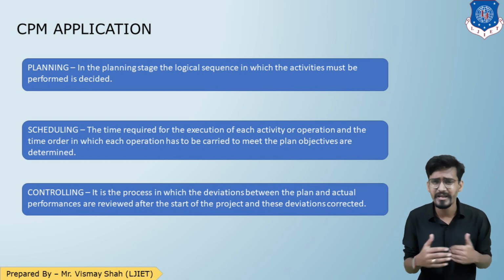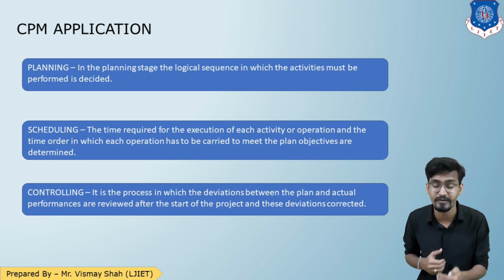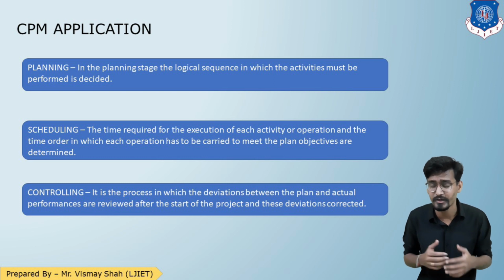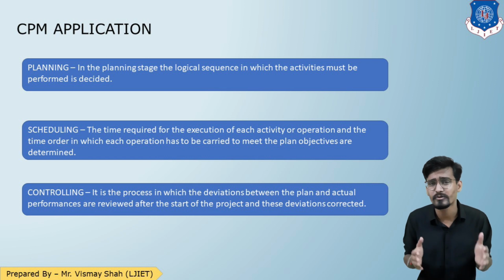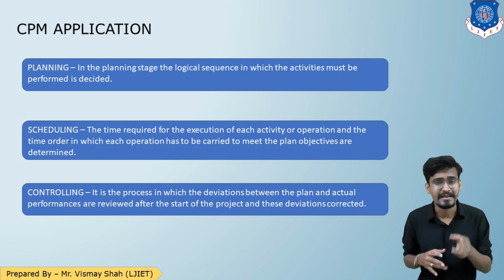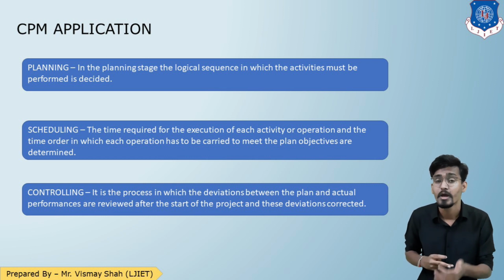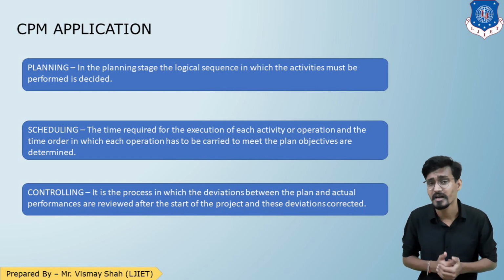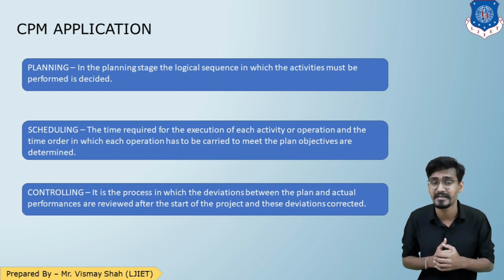So when you are scheduling your project, you need to see, for example, if I am performing an activity from 15th February to 20th February, whether my resources are available for that period of time. If the resource is available, then and only then can I perform the activity. I do not only have to see that activity X is completed so that I can start activity Y, but also whether I have the resources to perform activity Y. So while scheduling, I have to keep certain things in mind.